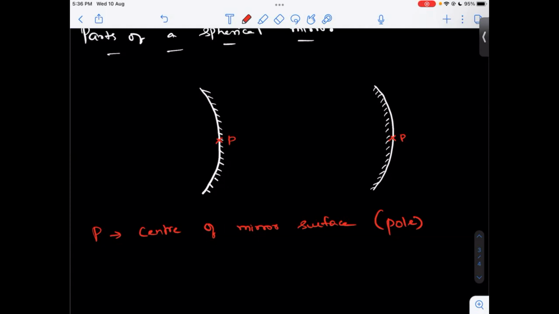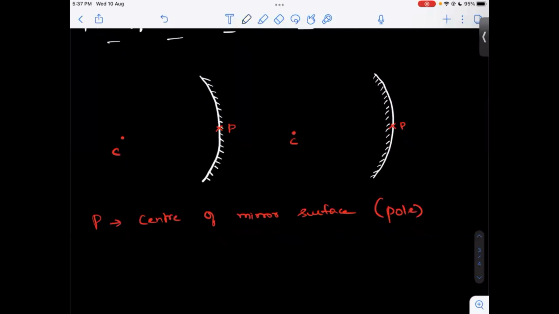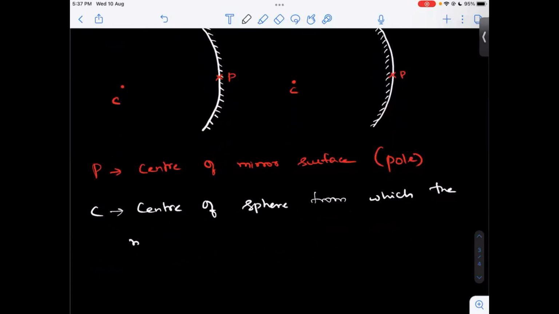Similarly, if you take a point C, and if C is the center of the sphere from which the mirror is extracted, then it is called the center of curvature.